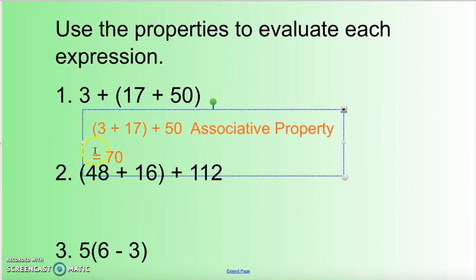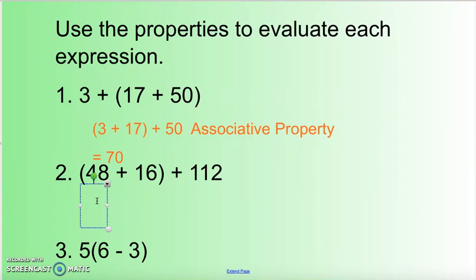If I have 48 plus 16 plus 112, which numbers could I put together? Can I switch the order? Can I switch the parentheses? Do I need to do both? Notice the 112 is not right next to the parentheses. So it's not something that we can use the distributive property with.